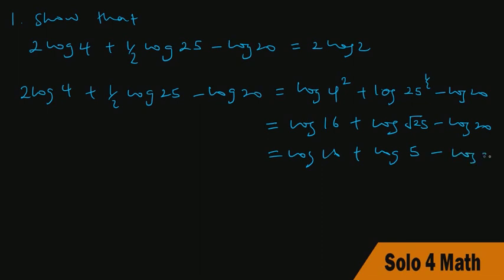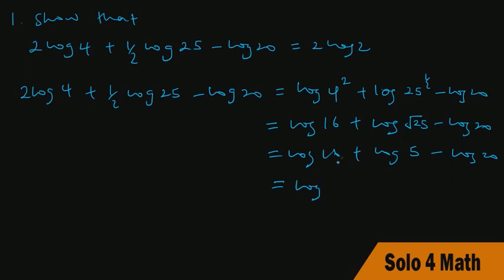Now here we bring in the law about addition and subtraction of logarithms. Using BODMAS, we start with addition. So when we consider addition, we said if the base is the same, we know it is 10, then we multiply the arguments with the same base.